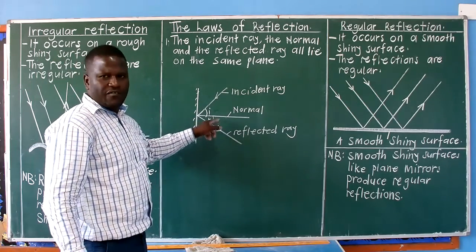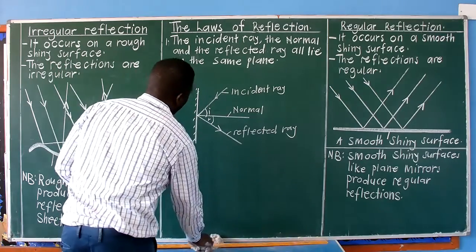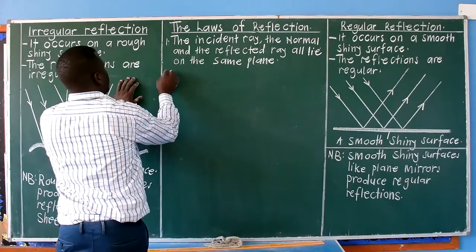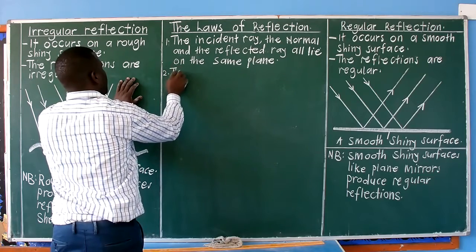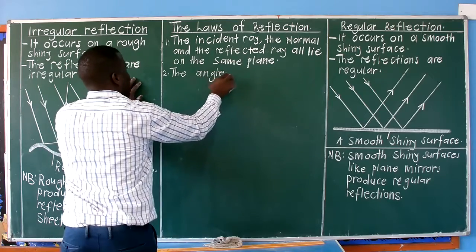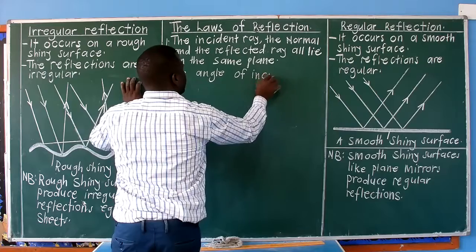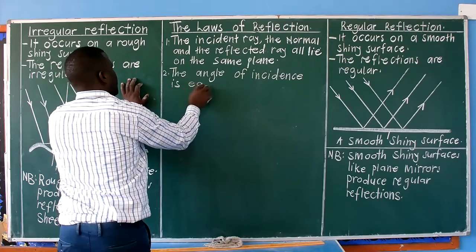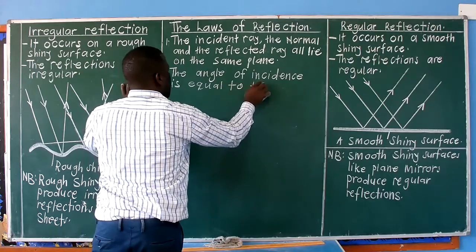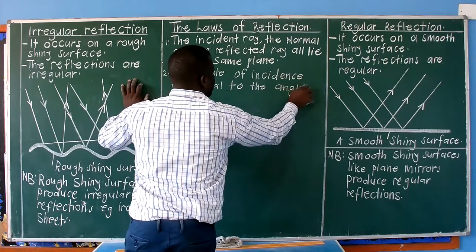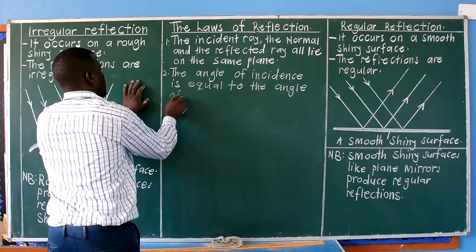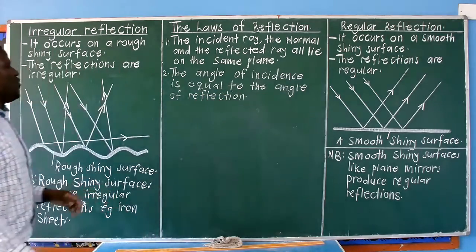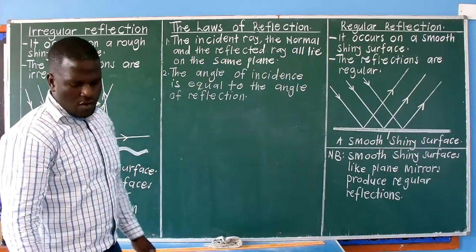So the two angles are equal, and that is the law of reflection.